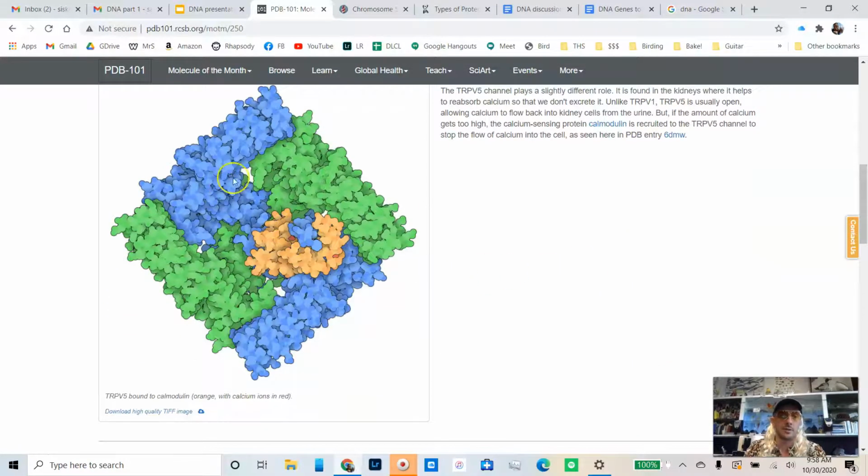And here's another one. In fact, the green, the blue, and the orange would be different peptide chains. So you can actually get multiple peptide chains folding, and then those interconnect to make an even bigger protein.